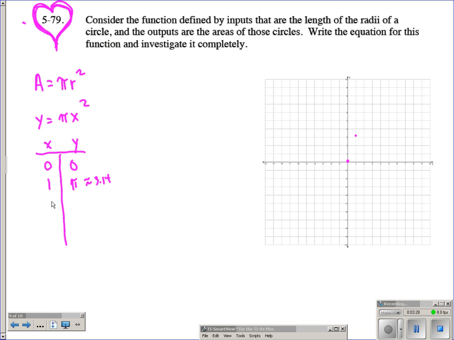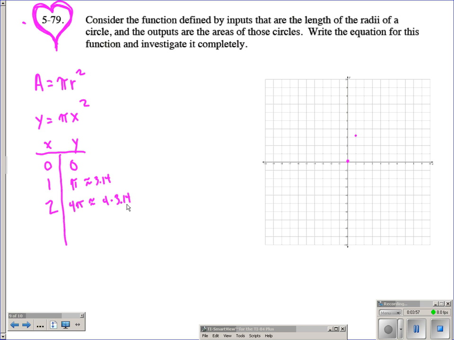Okay, so let's move on. If my radius is 2 units long, then when I square it, that would be 4. And 4 times pi is going to give me 4 pi. So 4 pi would be approximately 4 times 3.14.